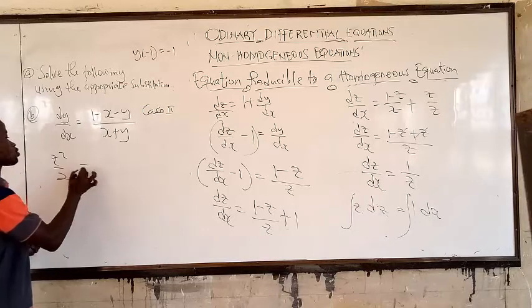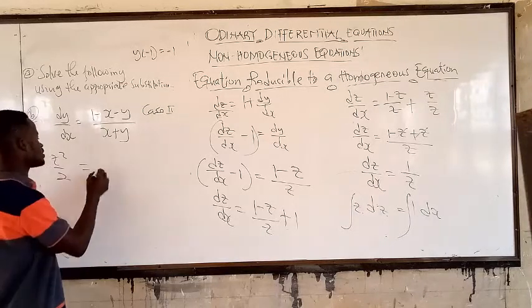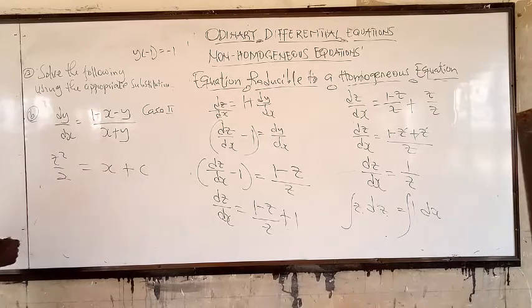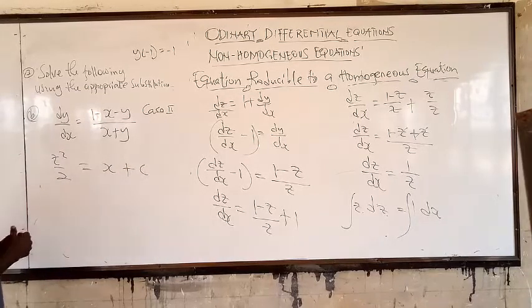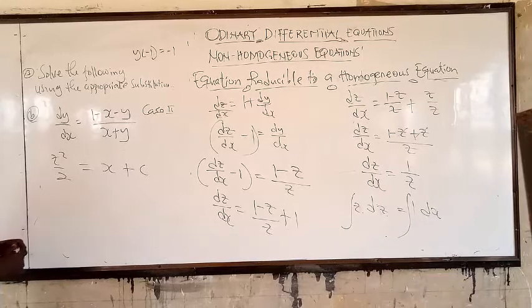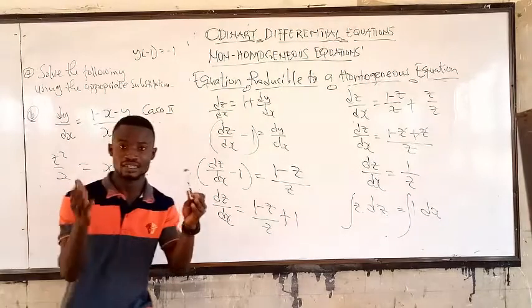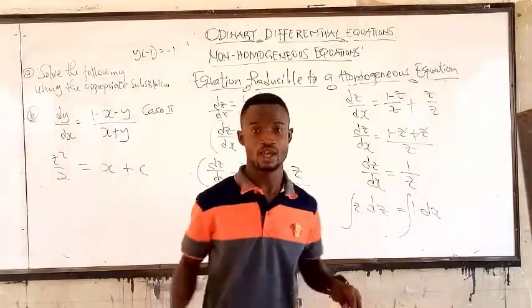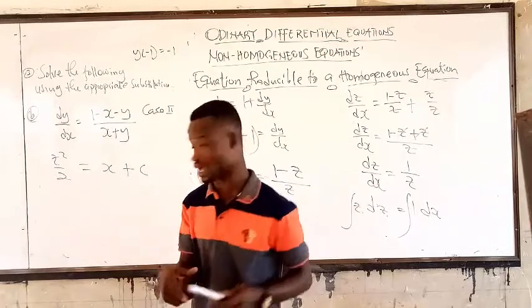It's equal to x plus c. I love this question. So after here, what will you do? There is nothing to do. The only thing to do is to go back to z. So what is z? x plus y.